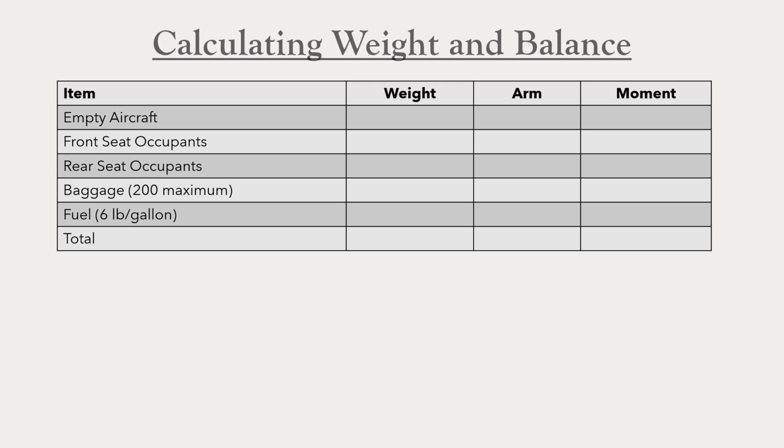Weight and balance is calculated using a form like this, where we have a row for each different weight, and for each different weight we capture the weight, the arm, which means the distance of that weight from some datum point, which is chosen for your aircraft design, and the moment. The moment is the weight times the arm.